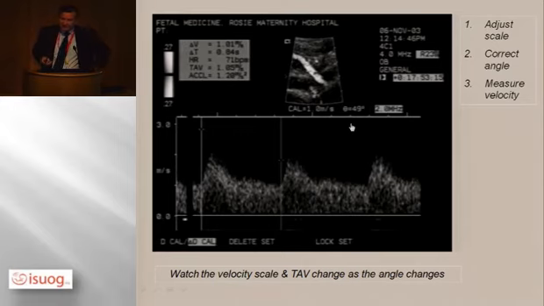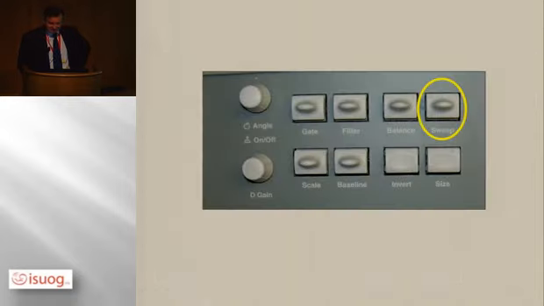Angle doesn't make a difference to PI or RI, but it does make a difference to velocity. So just be aware of that. And certainly if you're measuring off 20 or 30 degrees, further on than 30 degrees, say 40 or 50 degrees, purists would say you shouldn't be measuring a velocity at that angle, but if you do, then angle correction will at least prevent some of the larger measurement errors.